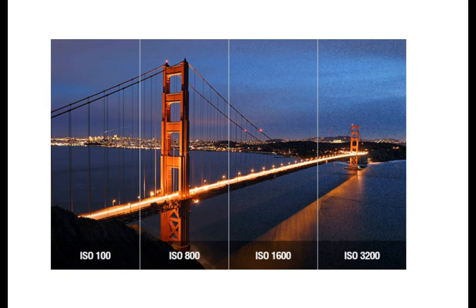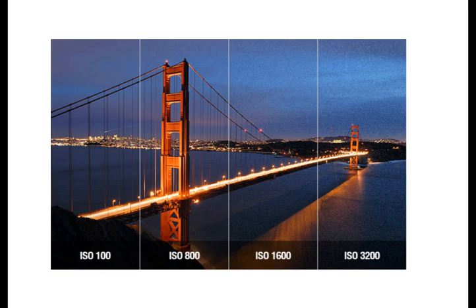I just mentioned sensitivity to light, talked about some grain structure. So grain, when we talk about grain, again, it's a holdover from the film days, and grain is actually what film was made up of. And we're talking digital code, and the higher our ISO goes, we get more of what's called noise.